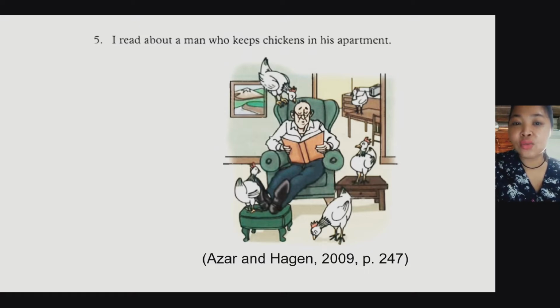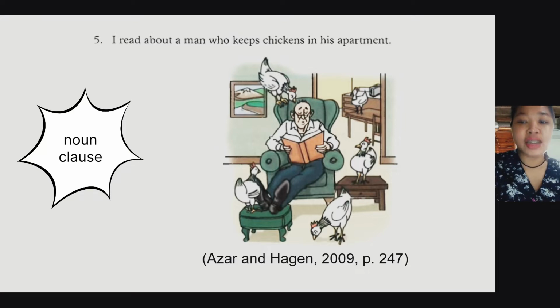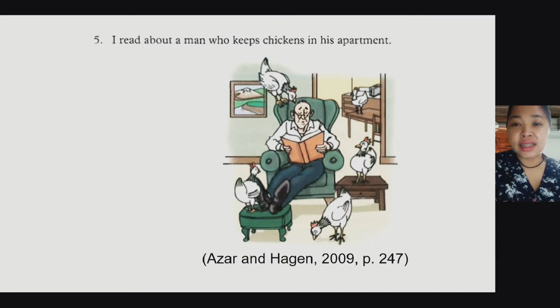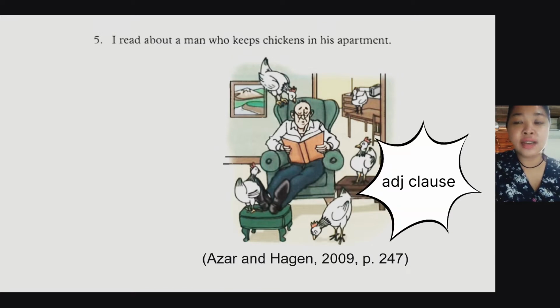So the question is, what kind of clause is it? All right. If the first question you answer it with noun clause, you are correct. And this one is an adjective clause.